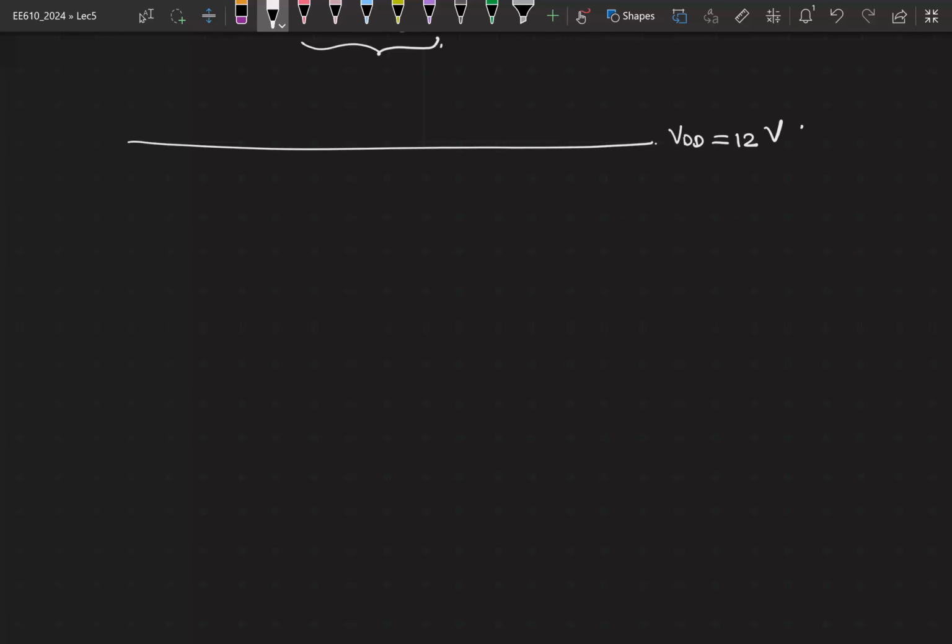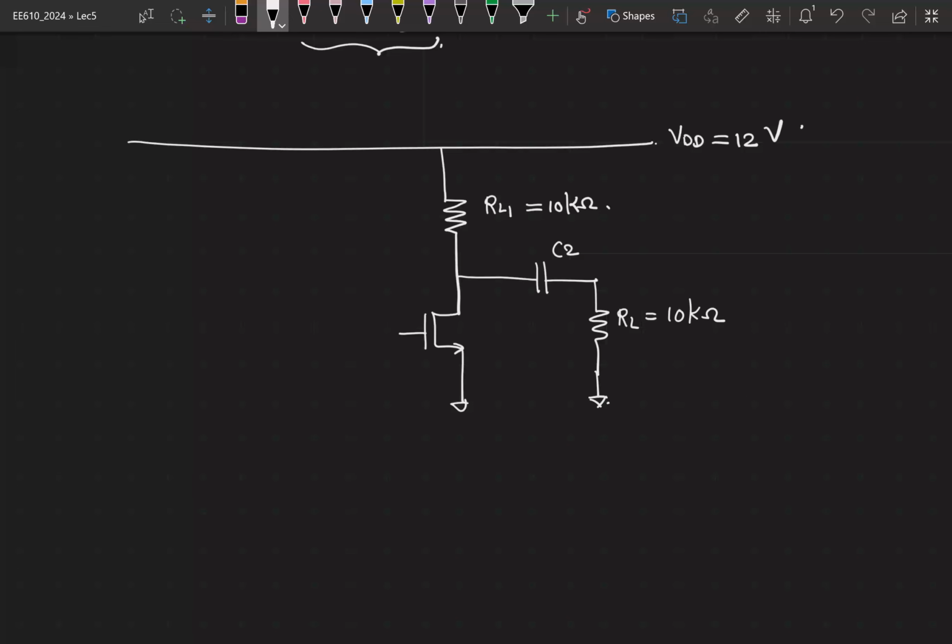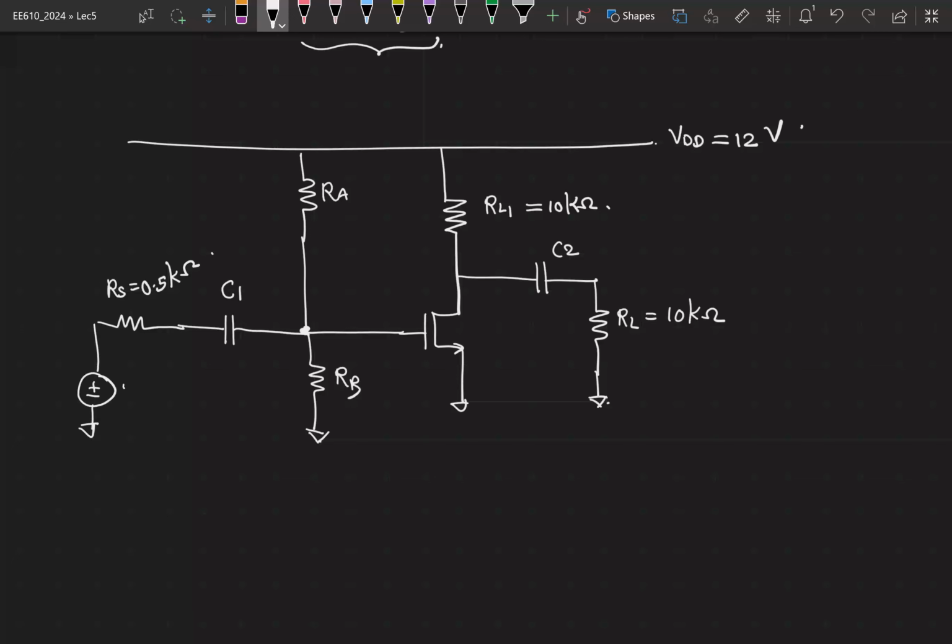Let's say you have a VDD of 12 volt. RS is 0.5 kilo ohm, and this is your Vs. For the transistor M1, VTH is given as 1 volt.